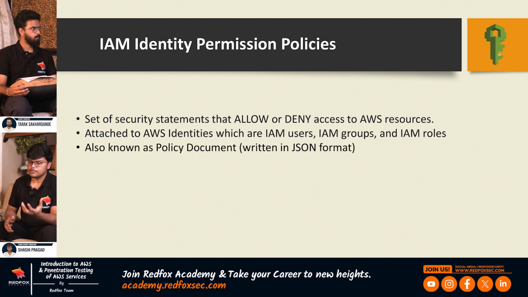Let's suppose I want to give a user permissions to access files stored in an AWS S3 bucket. I will attach a permission policy to this user, and in that policy I will define how this user can access it and what resources in the S3 bucket they can access.